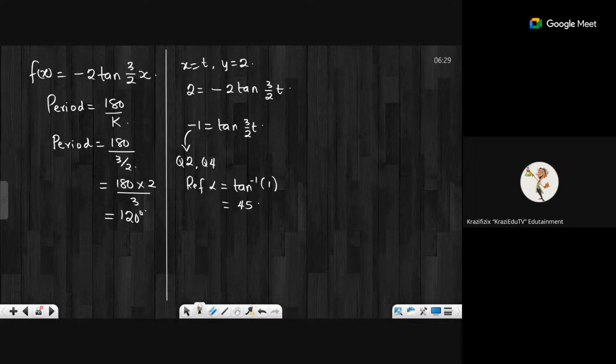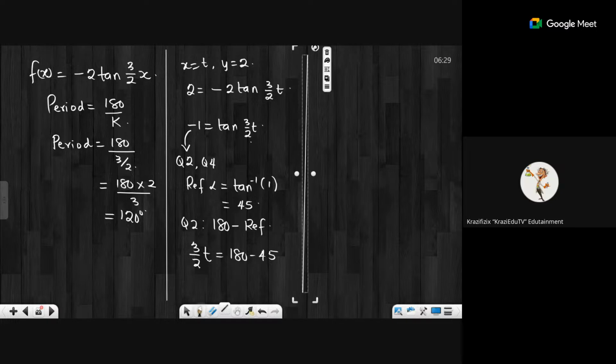In quadrant number 2, I'm sure you still remember, 180 minus reference. What am I solving this time? 3 over 2 t equals 180 minus 45 plus k times 180.